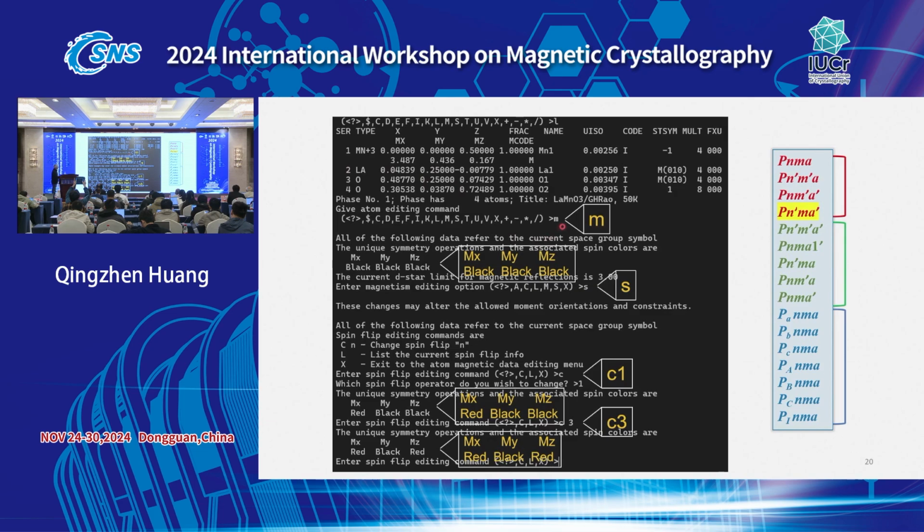In here you can type M to go to the magnetic setting. When you type M, it will immediately show you MX, MY, MZ, because this is orthorhombic. We initially gave a plus.